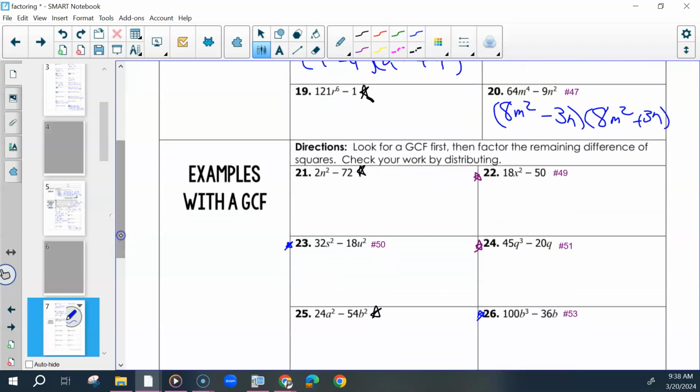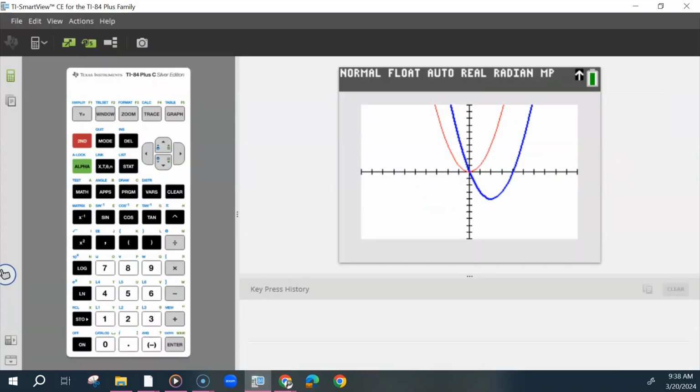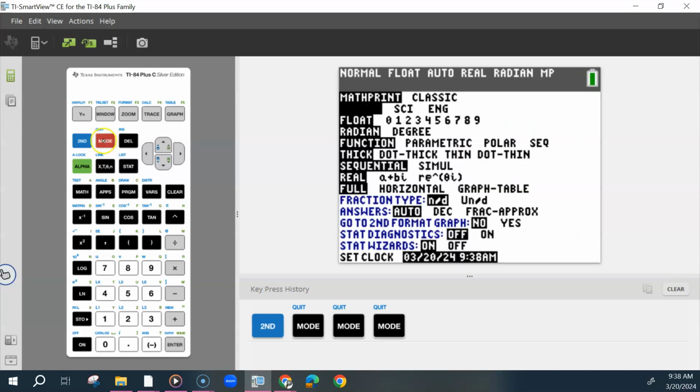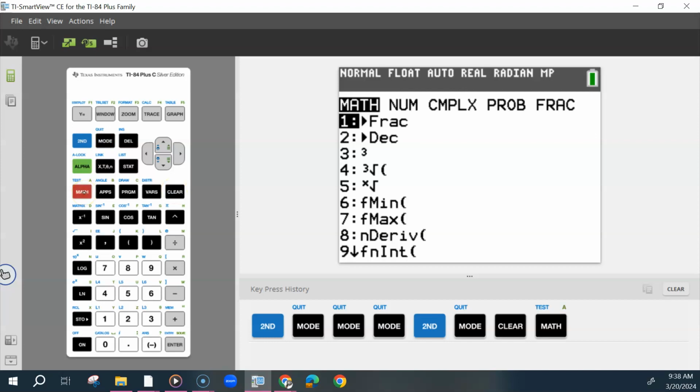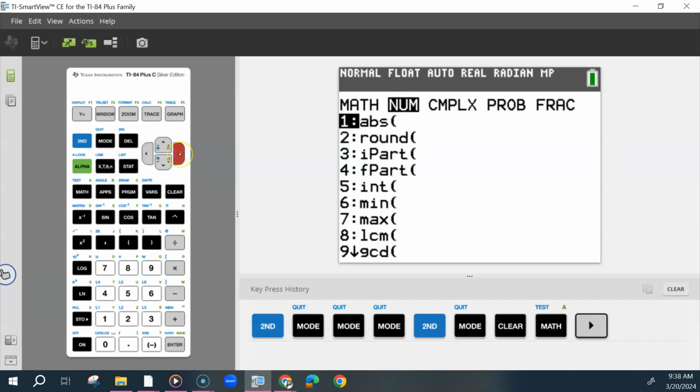So I'm going to show you how to do this in the calculator also. Doing it in Desmos is very similar. We could look at this and see that 2 is going to be our GCF, but for later when you get higher numbers, in your calculator, go into math, scroll over to number, and go down to number 9.